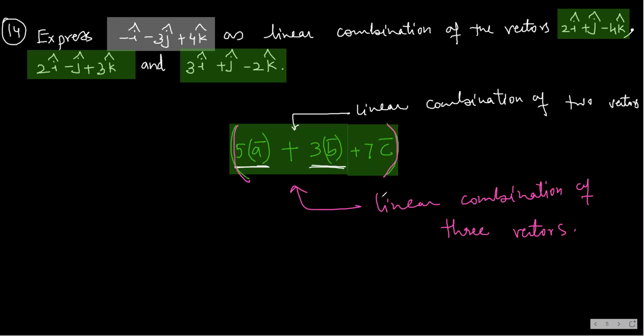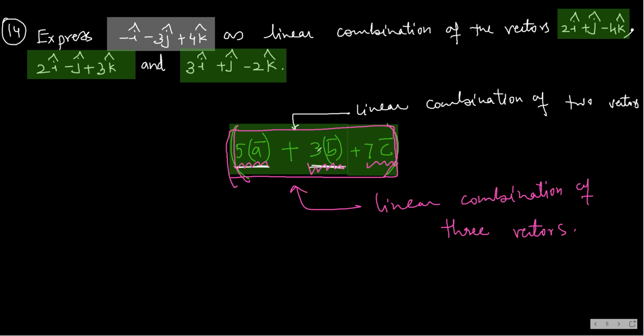Now here what you need to understand is that in these three vectors, 5a bar is a scalar multiple of a bar, 3b bar is a scalar multiple of b bar, 7c bar is also a scalar multiple of c bar.